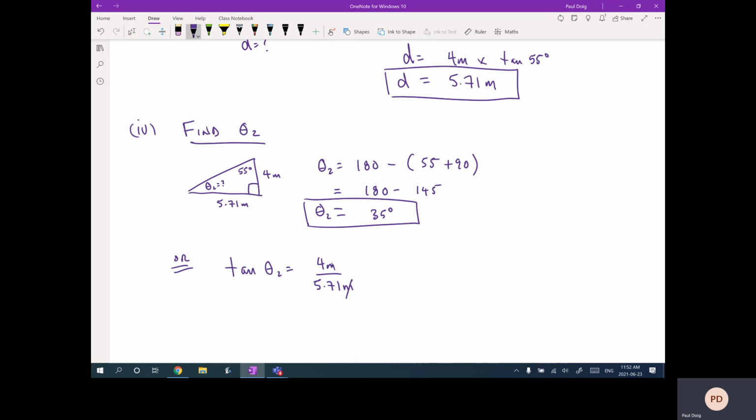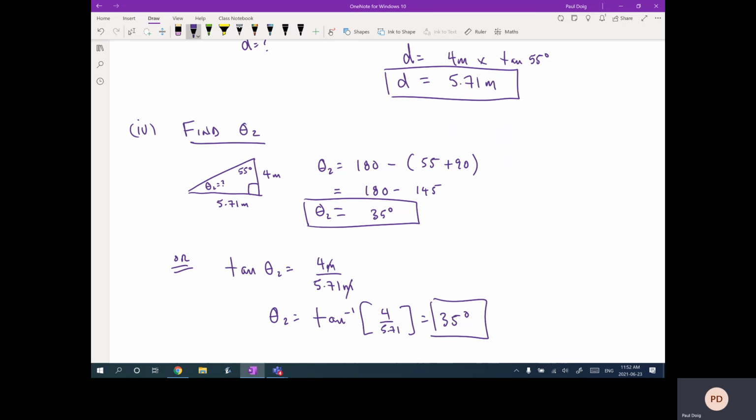I cross that out. I take the inverse tan of that, the inverse tan of 4 divided by 5.71, and what do you get? You get 35 degrees. Voila! They check out, which is really good. Okay, so there are some good examples.